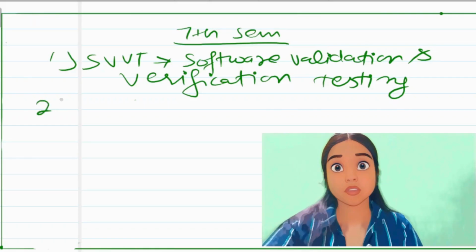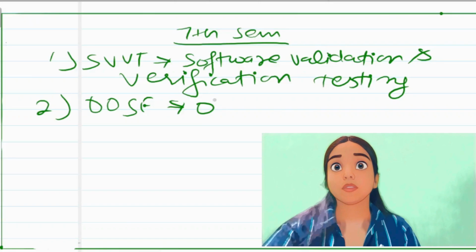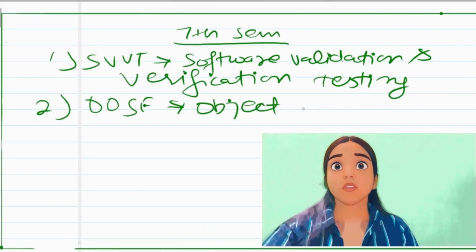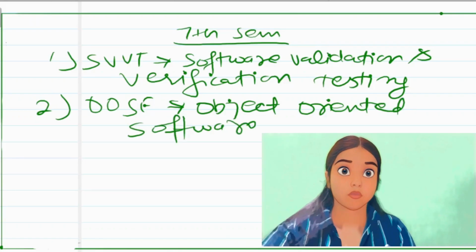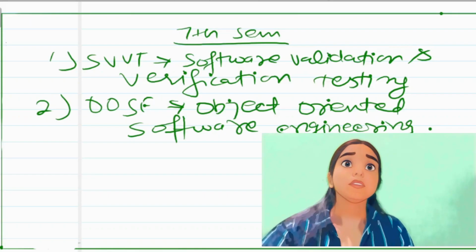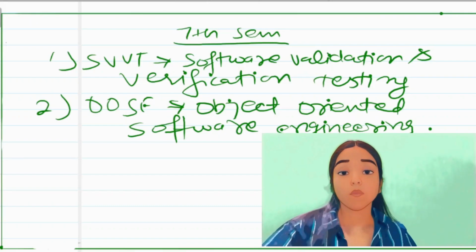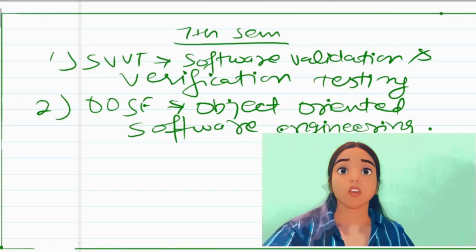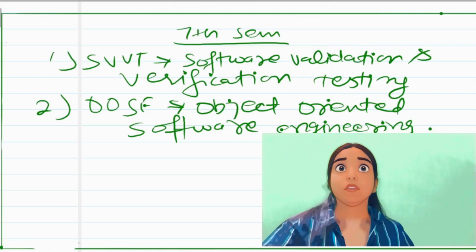Now the second subject was OOSE, and it stands for object oriented software engineering. It is somehow similar to object oriented programming, because again in this subject we are going to learn about objects, classes, polymorphism, encapsulation, and inheritance.